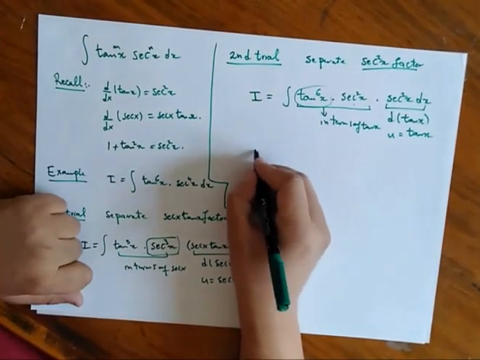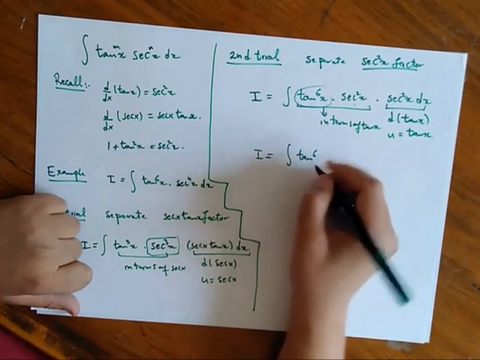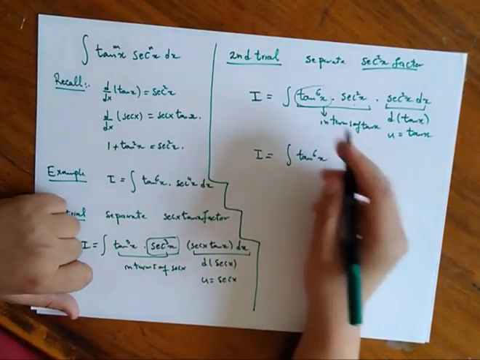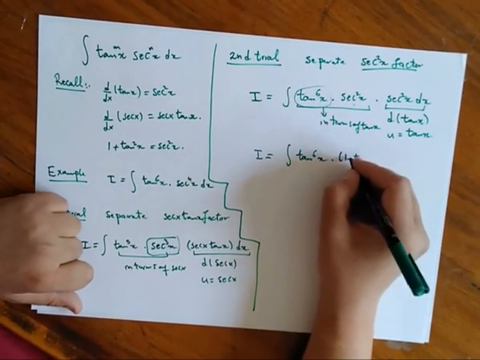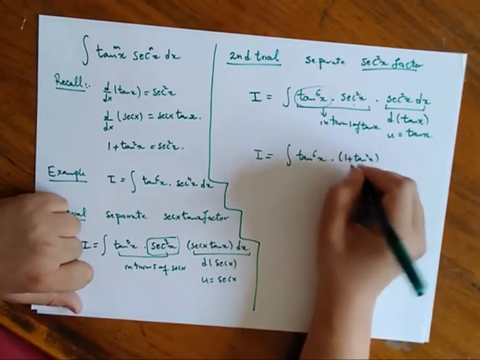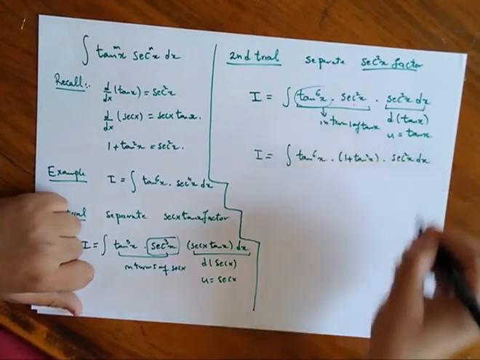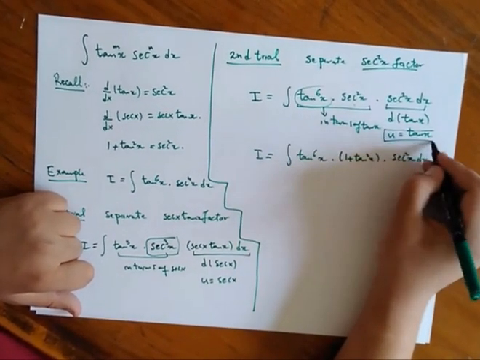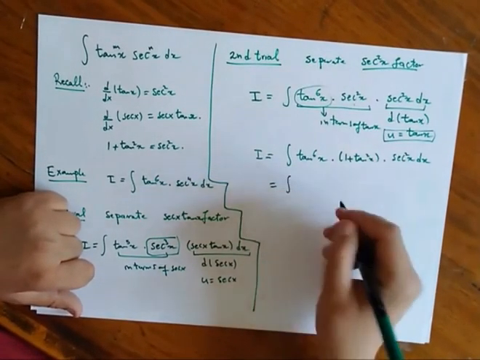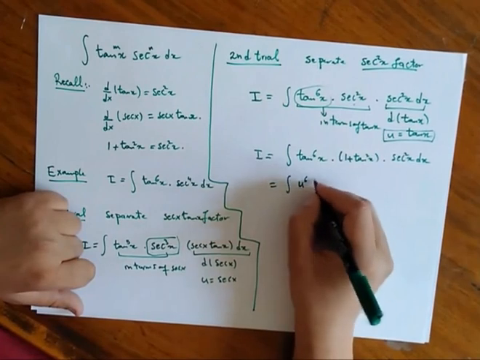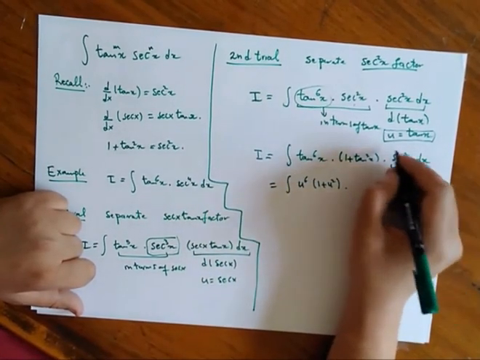So our integrand is going to be tan x to the power 6 times 1 plus tan square x times sec square x dx. Now we can use u equals tan x, so our integral will be u to the power 6 times 1 plus u square times du.